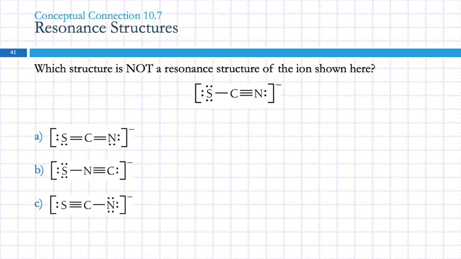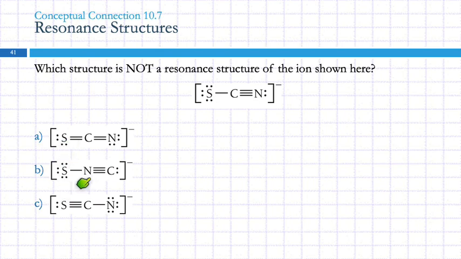Which structure is not a resonance structure of this ion? Resonance structures differ only in electron placement. So, are all of these exactly the same except for where the electrons are? They all have the same number of electrons. This one, we've got a triple bond and a single bond, and so here we split it up more equally, 2 double bonds.